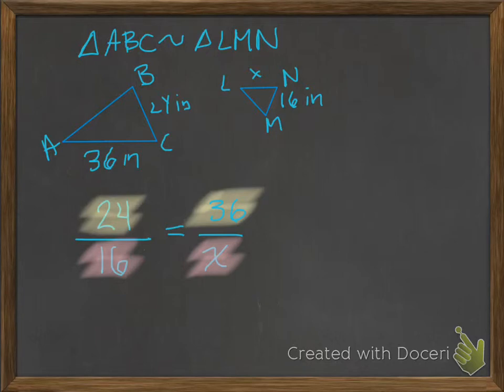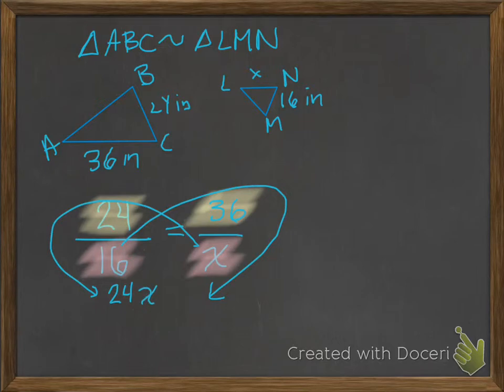Since we have a proportion, we can go ahead and solve it. We're going to use our cross products like we've been doing. So we should have X times 24, or 24X, and 16 times 36. You might need to do some side work and figure out what 16 times 36 is.